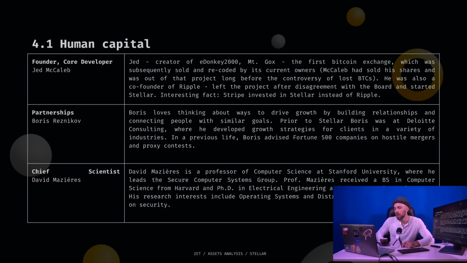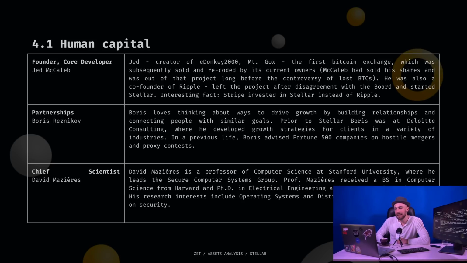Boris loves thinking about ways to drive growth by building relationships and connecting people with similar goals. Prior to Stellar, Boris was at Deloitte Consulting, where he developed growth strategies for clients in a variety of industries. In the previous slide, Boris advised Fortune 500 companies on hostile mergers and proxy contests.